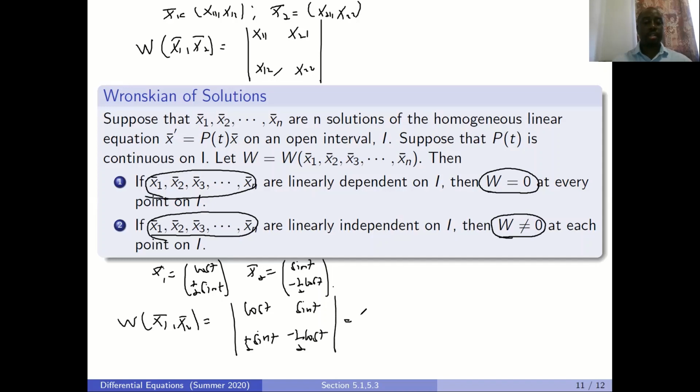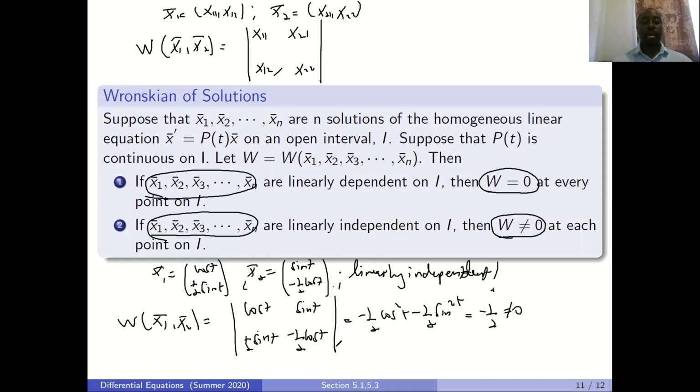The determinant gives us minus 1/2 cosine squared t minus 1/2 sine squared t, which is minus 1/2, which is clearly not 0. And so we know that these 2 vectors are linearly independent, and the expression we wrote down previously is actually the general solution.